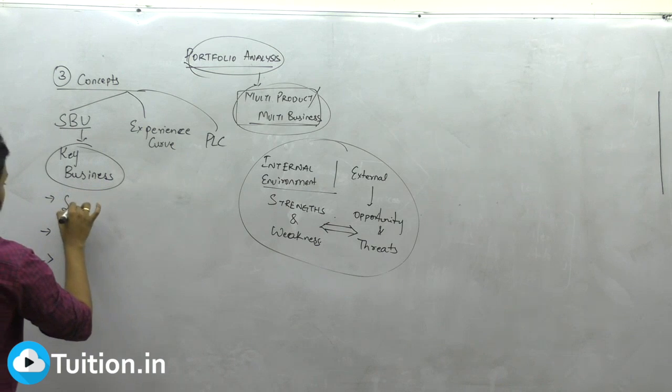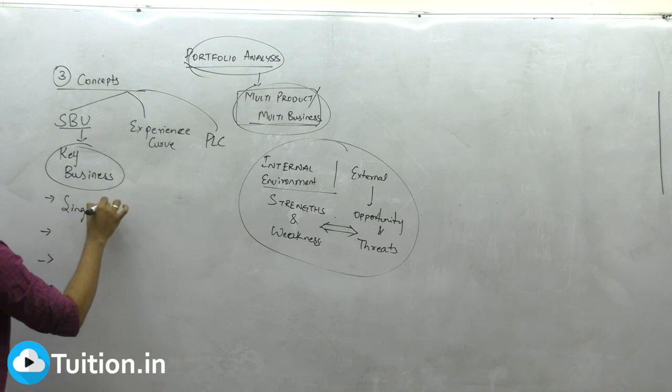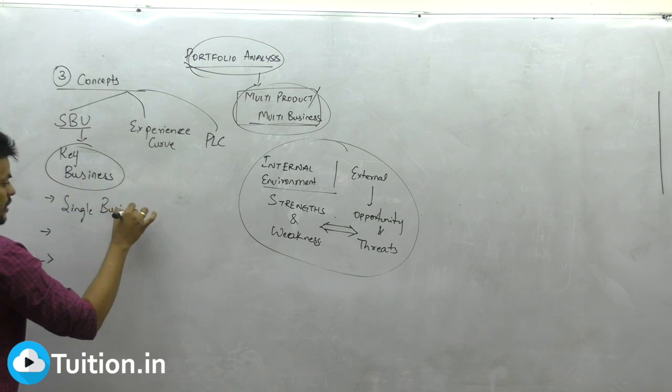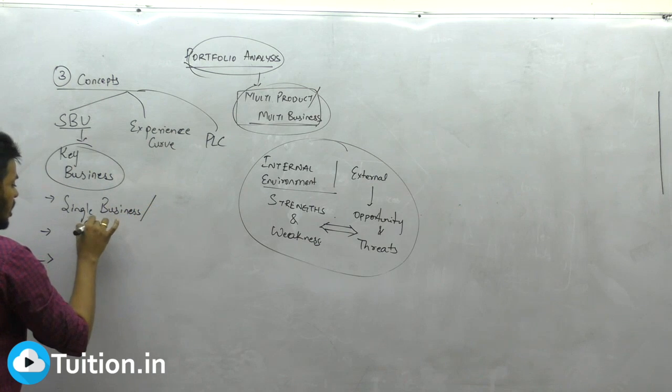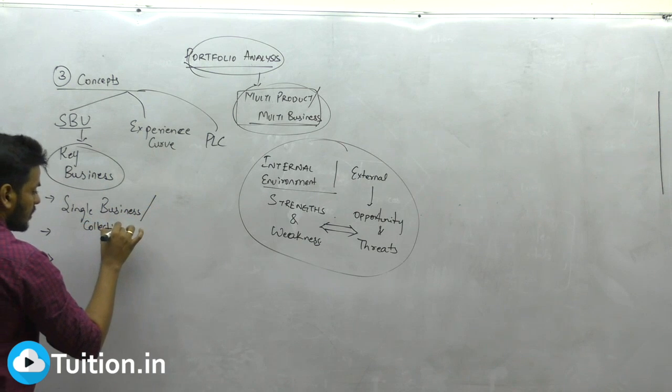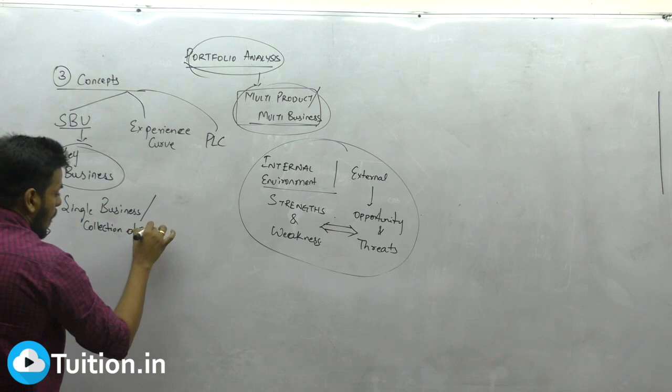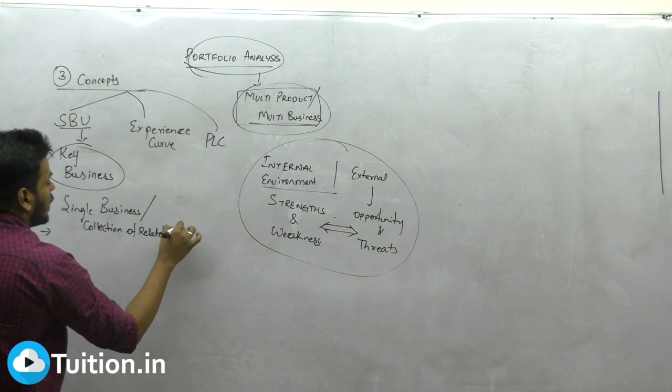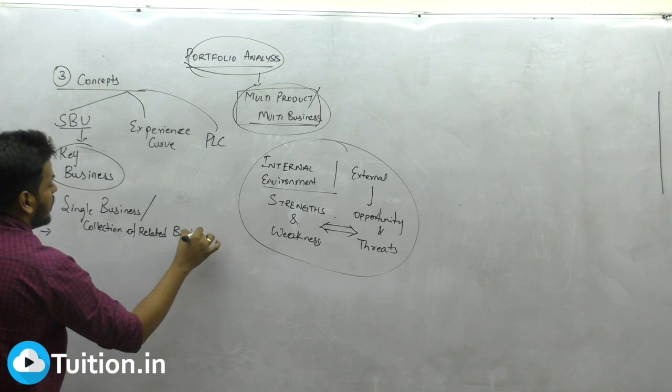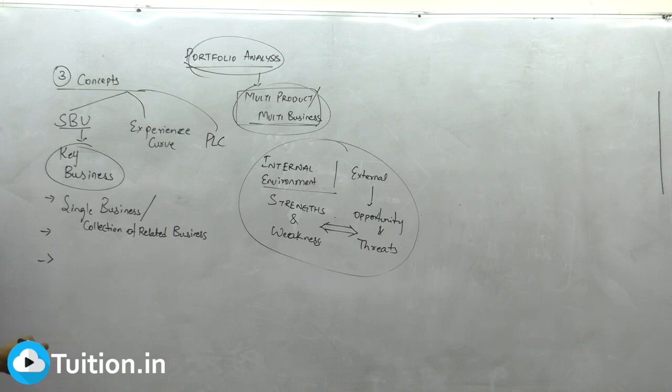It follows three characteristics. And what are those? It's a single business or collection of related businesses. Collection of what? Related businesses. And the second point is talking about what?